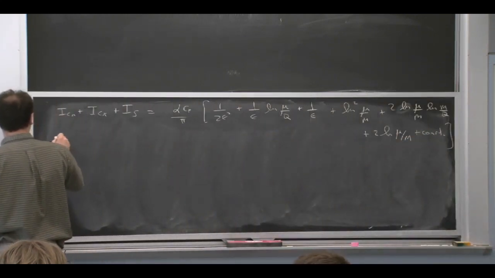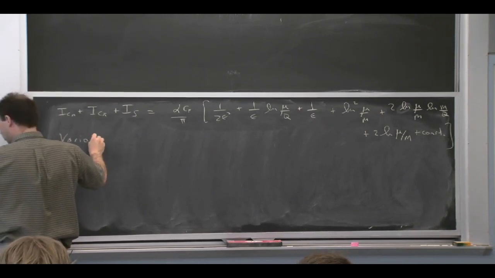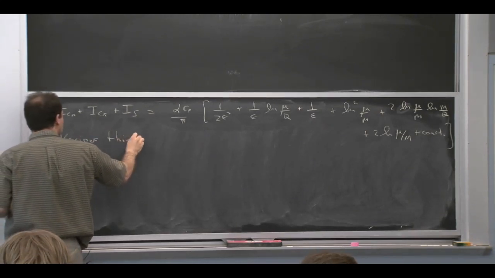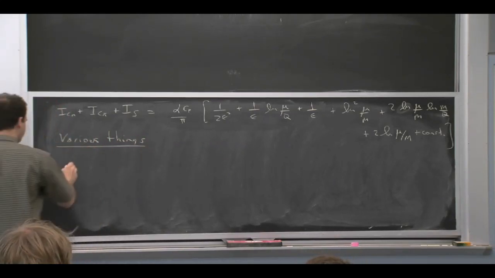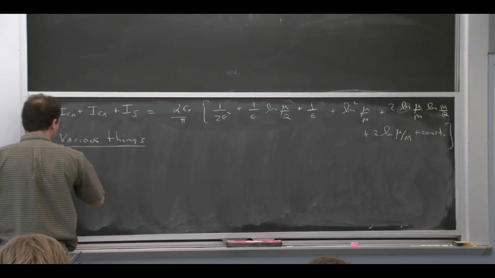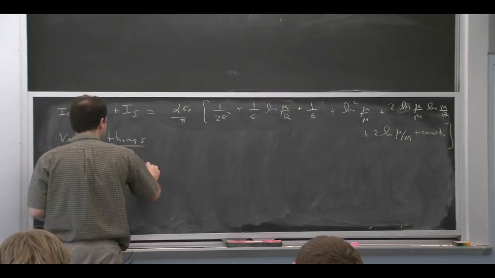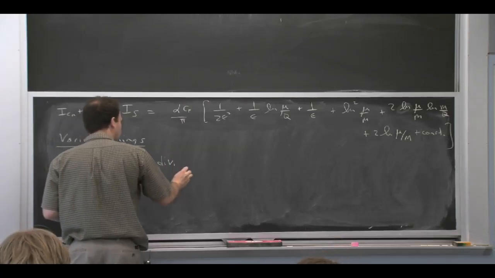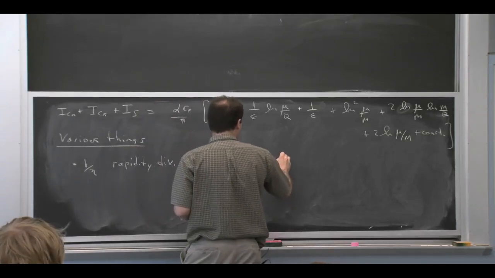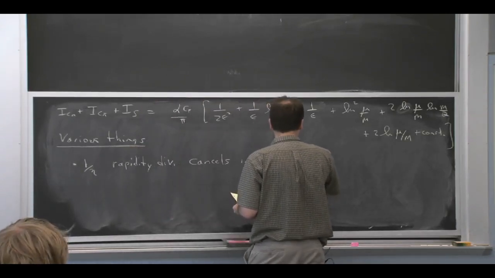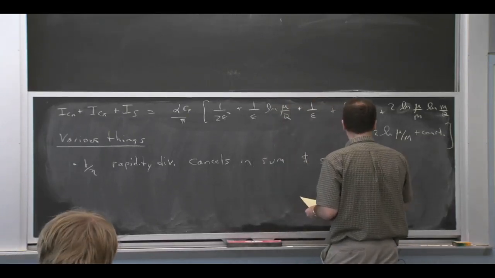So sort of various things, which we'll start talking about now and we'll continue talking about next time. So the rapidity 1 over eta divergence, which we can call a rapidity divergence, cancels in the sum. And of course, so does the log nu. And that's as expected.